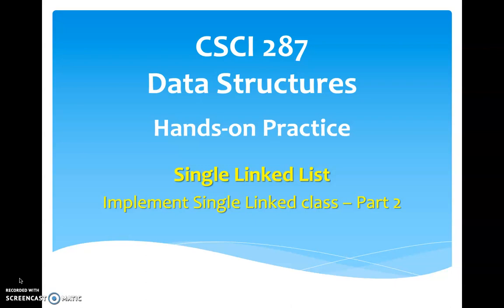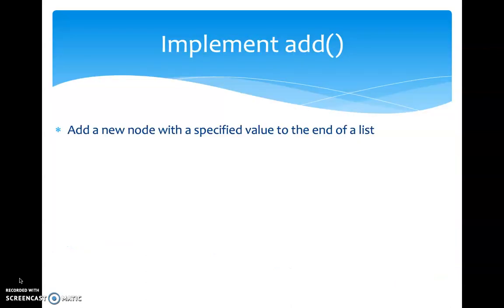In this video, we will introduce single linked list implementation in Java. In particular, we will focus on how to implement the add method in the linked list class. The purpose of the add method is to add a new node with a specified value to the end of the list.